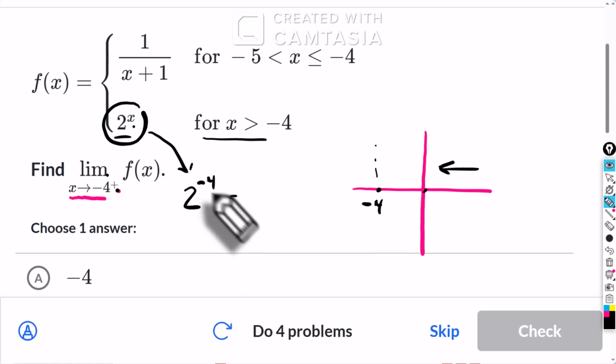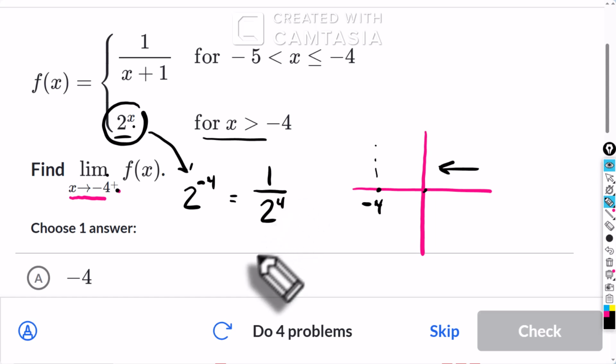Okay, remember when you have a negative exponent, you can move it to the denominator and change the plus minus sign on the exponent. So 2 to the -4 is equivalent to 1 over 2 to the 4th, and that's going to be 1 over 16. Done.